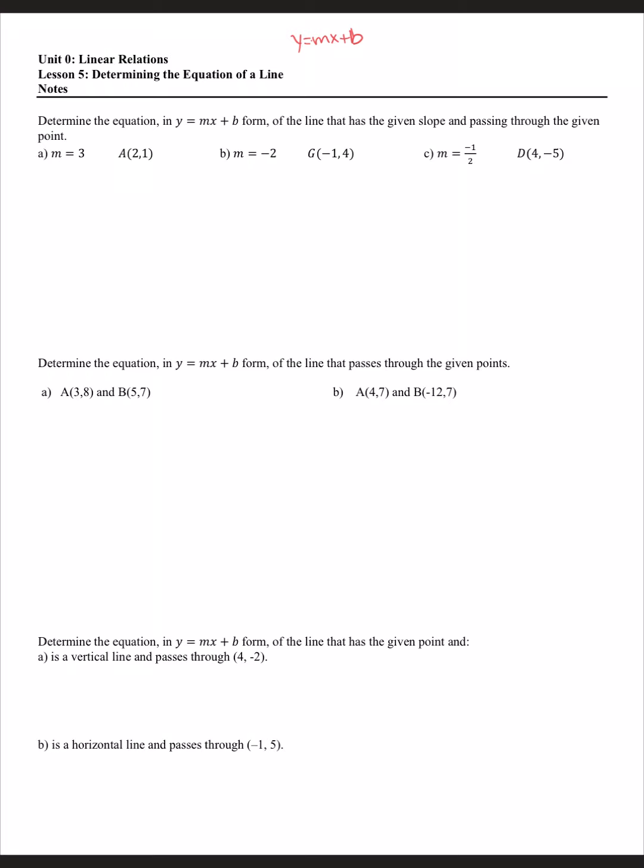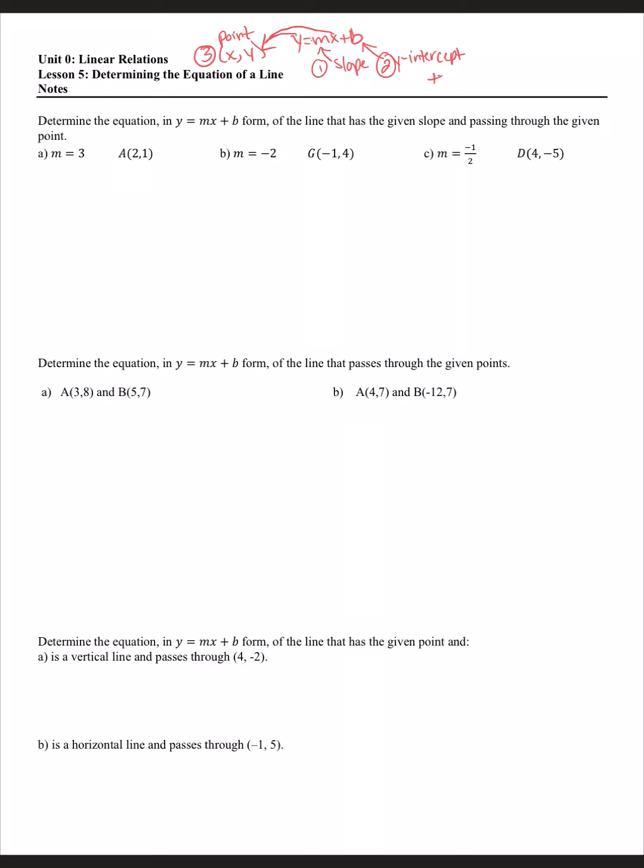It has our slope, it has our y-intercept, and it has a point. And that point, whenever we write a coordinate or point, is always xy. So it has slope, y-intercept, and a point. Those are the three pieces of information within an equation of a line.